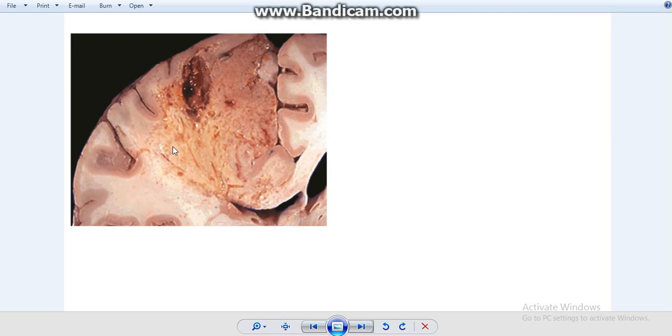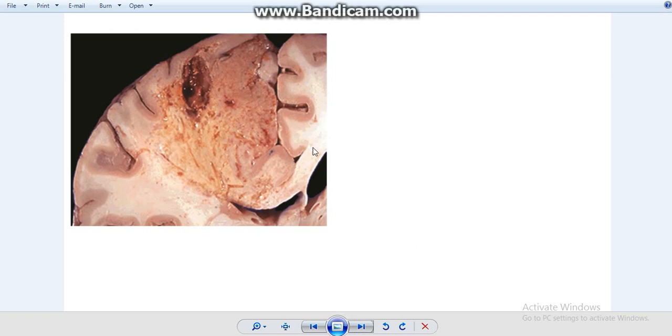Either the microglial cells within the brain tissue cause liquefaction through their hydrolytic enzyme action, or the brain lacks the firm network or structure that other tissues have, and so it is vulnerable to liquefactive necrosis.